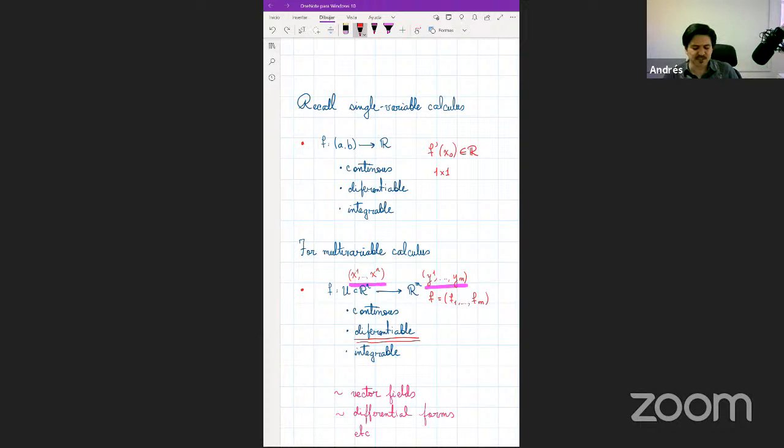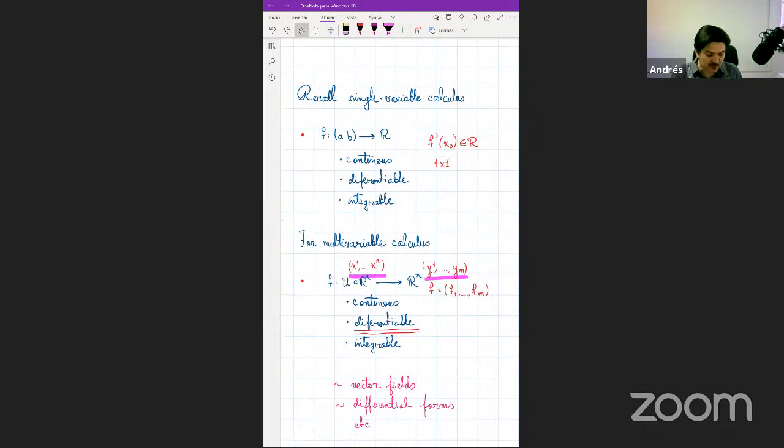I don't know if you studied integral curves of vector fields. And then you have differential forms in Rn. So all of this, we will have it on manifolds. And this is what we're going to study. We're going to generalize the concepts that you have on Euclidean space.